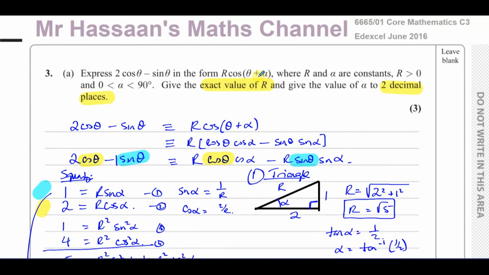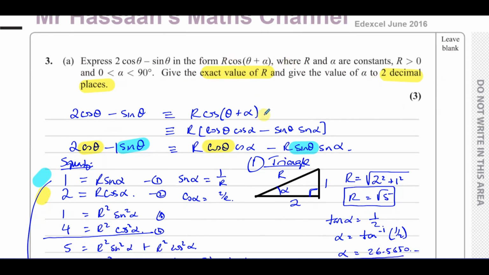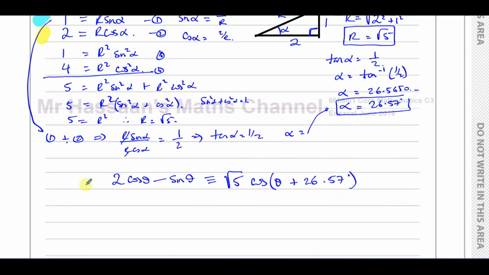Alpha is an angle between 0 and 90, r is in its exact form, and alpha is given to 2 decimal places. So there is the final answer for part A.